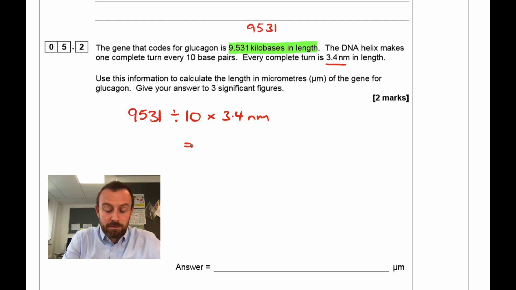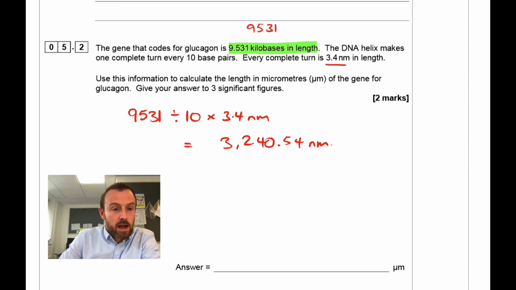Let's first do the nanometers one. 9,531 divided by 10 times 3.4 equals 3,240.54 nanometers. Okay, and then to convert that into micrometers, we need to divide it by 1,000, because there are 1,000 nanometers in a micrometer.